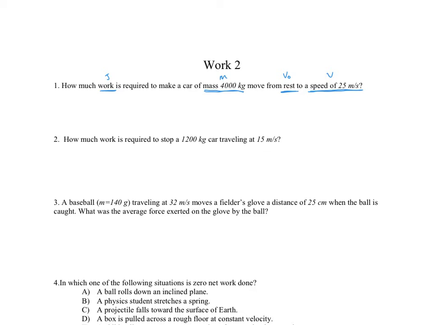Since the car has kinetic energy, we can use the kinetic energy formula. The change in K, which is kinetic, is equal to work, which is equal to 1/2 mv squared minus 1/2 mv naught squared.